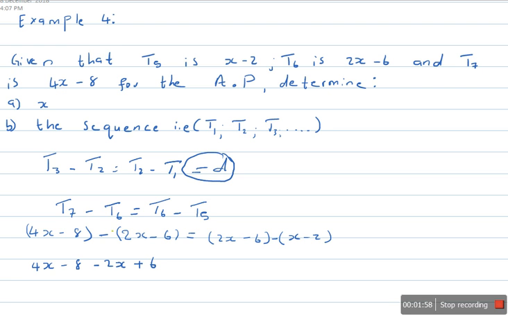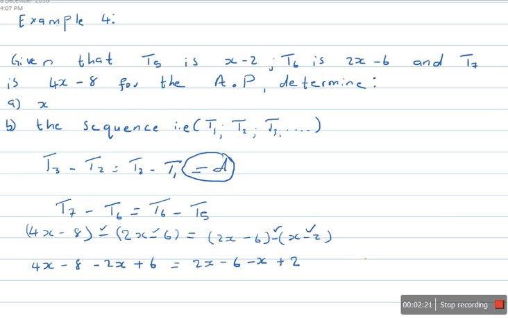Angithi lo minus nale kuzoba minus, and then this negative and this negative here, these two will give us positive 6. And then on this side we will have 2x minus 6. And this negative sign with that x here will give us a negative x, and also this negative sign with this negative sign will give us positive 2.